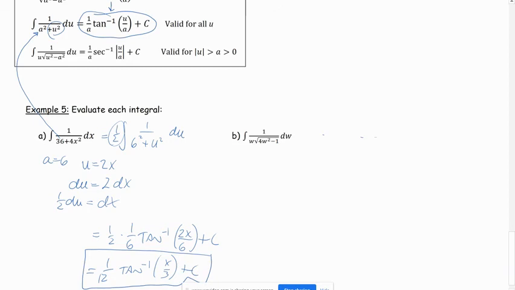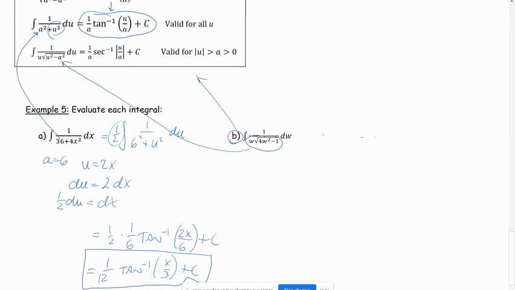Okay, so go ahead and pause your video and try B, and press play when you're all done. See if you can use the table up here to solve this one. All right, so this denominator looks a lot like this.